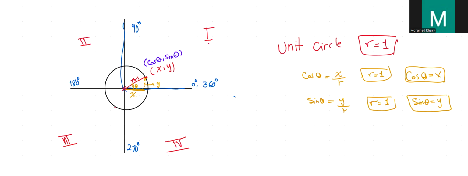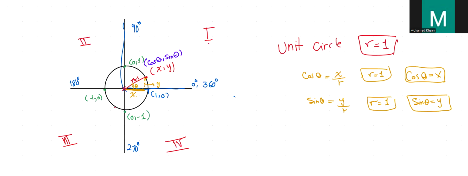The coordinate here is 1, 0. The coordinate here is 0, 1. The coordinate here is -1, 0. And the coordinate here is 0, -1. We said x and y equal cosine theta and sine theta.